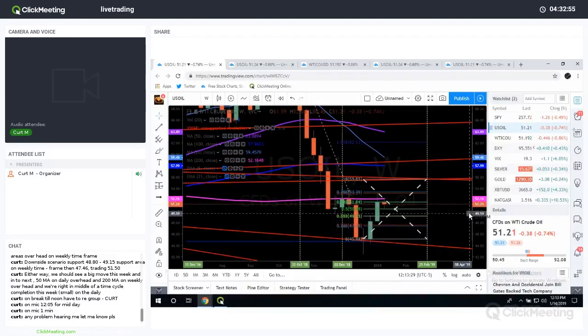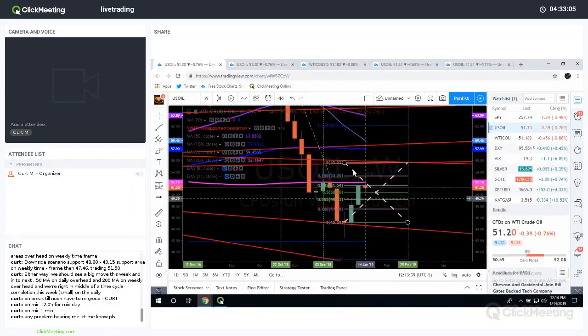So what I'll do is take us to the weekly. So let's start the real thinking here on the weekly. The other thing I missed here is, you see this diagonal white line. This is a Fibonacci trend line on a weekly chart. And those are fairly serious support and resistance, not as much as the trading box here at 50.36 as resistance, and the trading box support at 47.53.